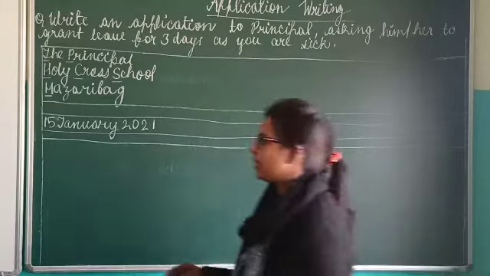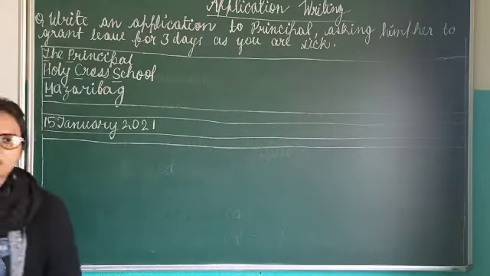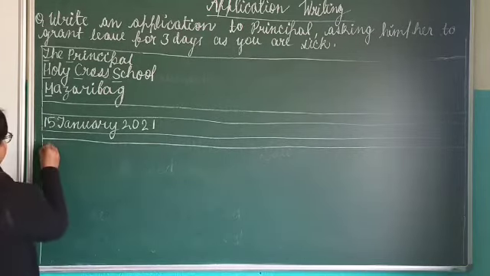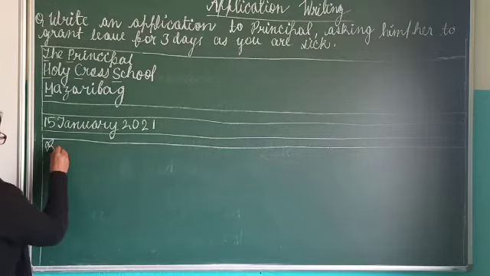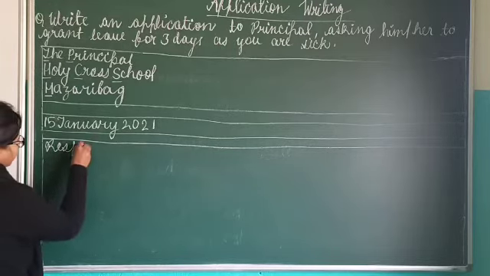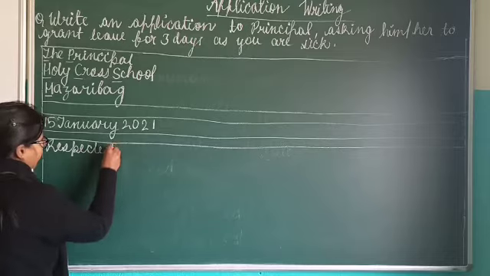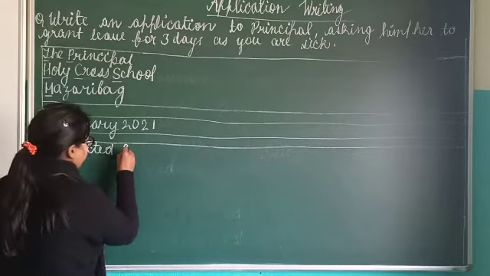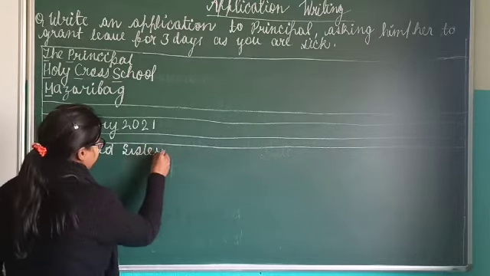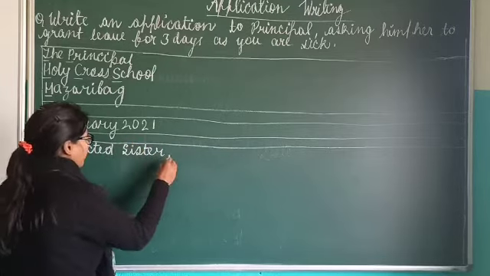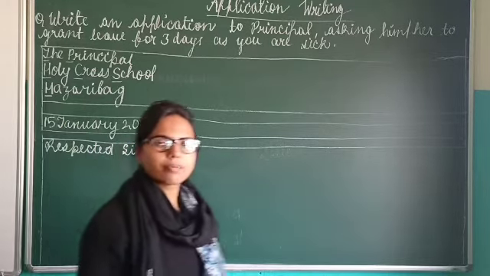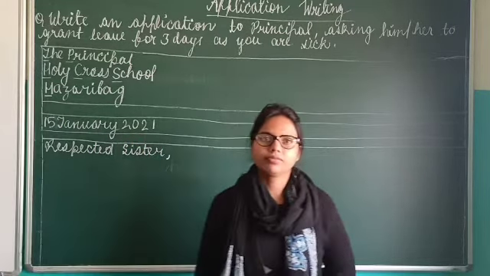Again one line gap you will give, and then you will add salutation, that is respected sister. In our school, you know, principal, who is principal? Sister. That is why we will write sister and then comma. In place of sister, you can also even write respected sir, madam. Okay.